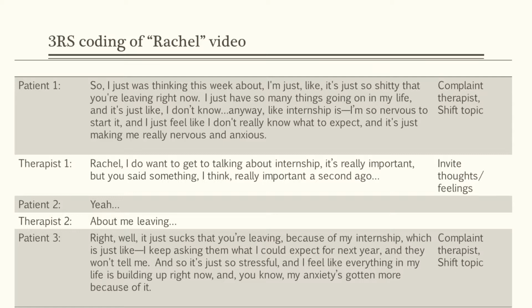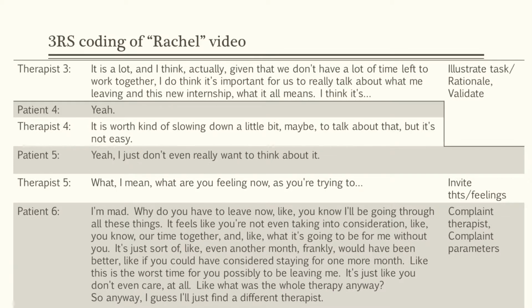The therapist gives a rationale for why she wants to focus on the relationship: we don't have a lot of time left, so this is why I think it's really important for us to talk about this. But the therapist is also validating how hard this is and why it makes sense that the patient is having difficulty with this. The patient acknowledges that she doesn't really want to think about it, and the therapist invites her to say more about how she's feeling.